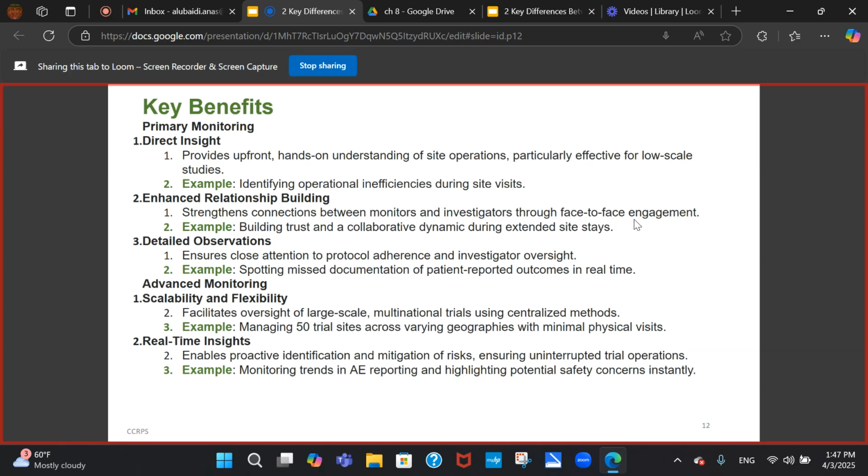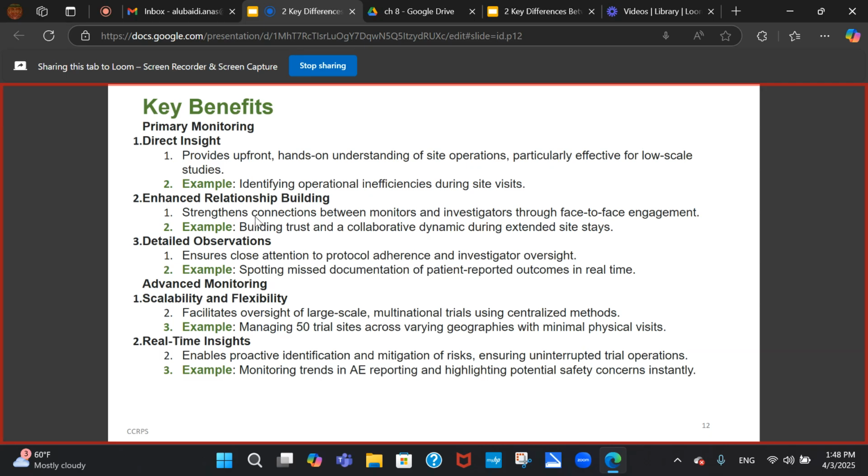So although it is traditional, it is a primary style of monitoring, this is important: the enhancement in the relationship and the trust between the monitors and the investigators, and not only the principal investigators, but between the monitors and all the members of the investigator site research staff.